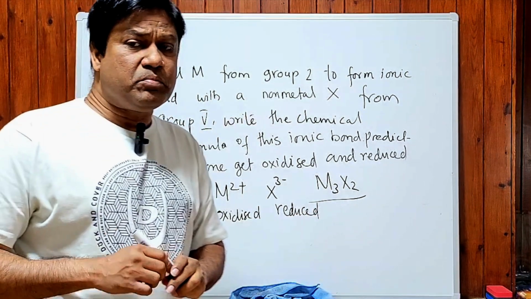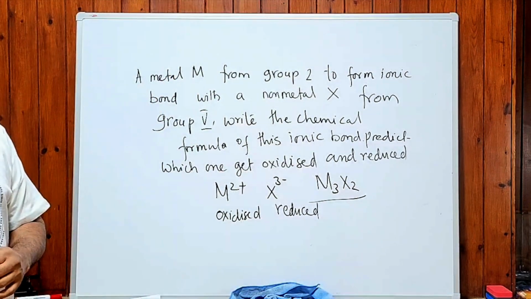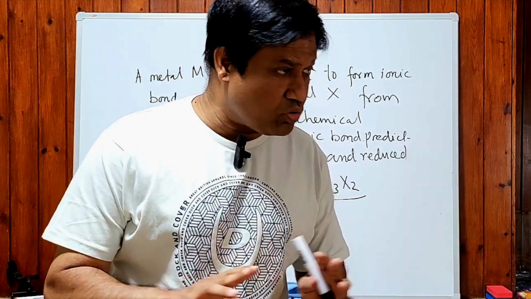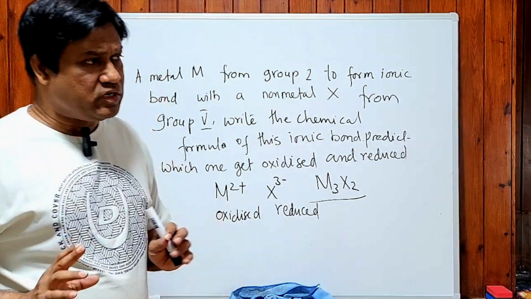Again, what is meant by the term ionic bond? Most of the students say to me it's a type of bond between metal and non-metal. That's wrong. That's not the right definition, especially for the GCSE student.